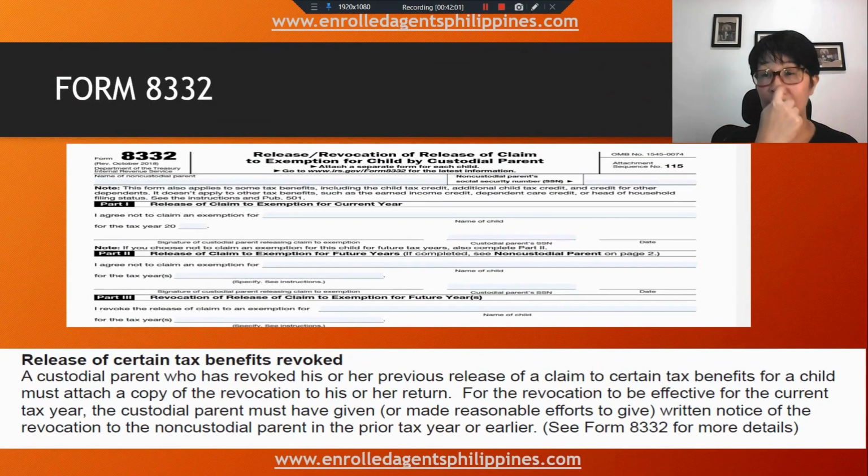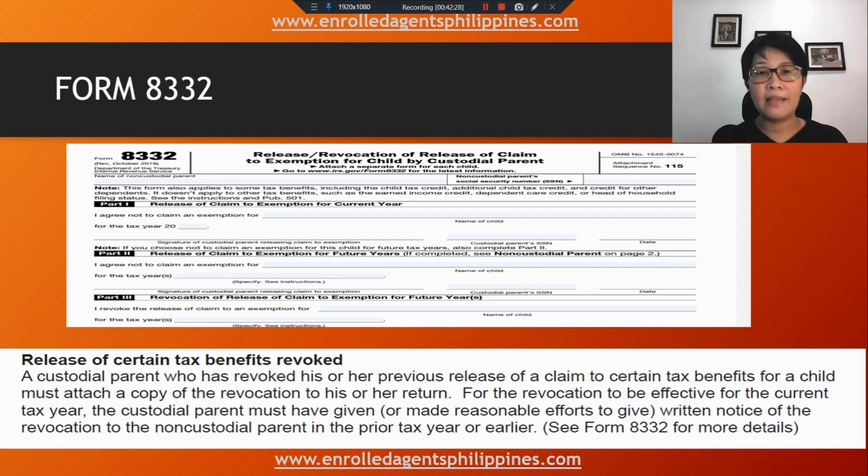So, ito naman yung sinasabi kong example kanina ng Form 8332, or Release/Revocation of Release of Claim to Exemption for Child by Custodial Parent. Kumbaga doon sa example natin, si Mary, siya yung custodial parent ni Jane. So, wari mo, kunyari, yung estranged husband niya or yung father ni Jane magke-claim, no?